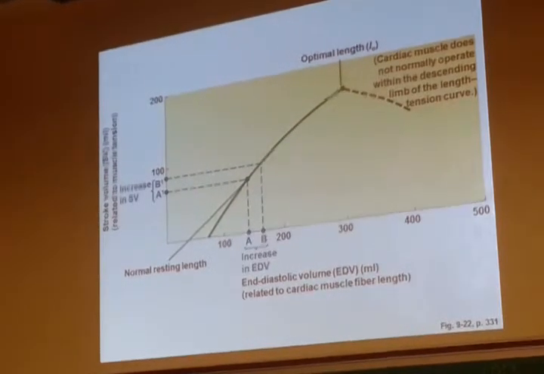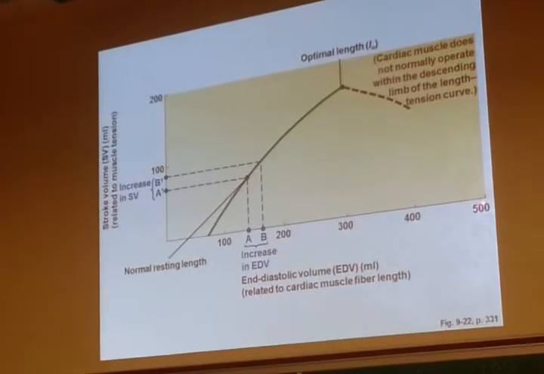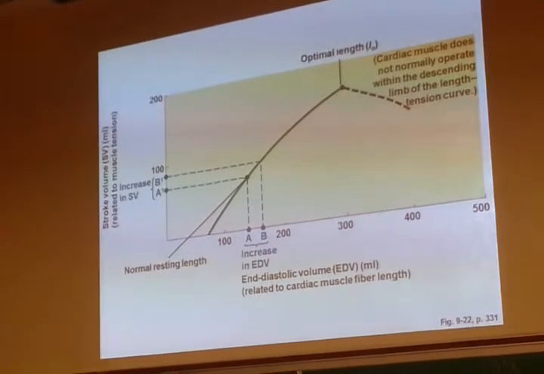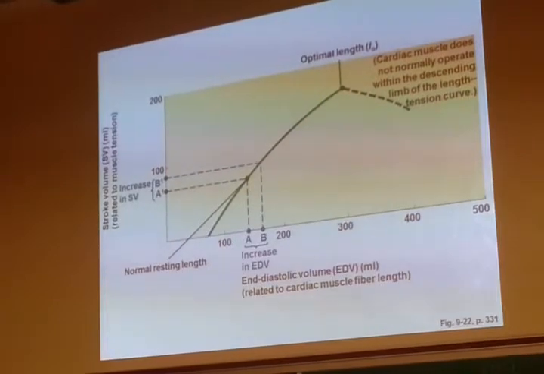So if you have more blood in your heart, you're going to have stretched cardiac myocytes. You have less blood in your heart, you're going to have the cardiac myocytes at a shorter resting length. So overlap of actin and myosin is going to change.